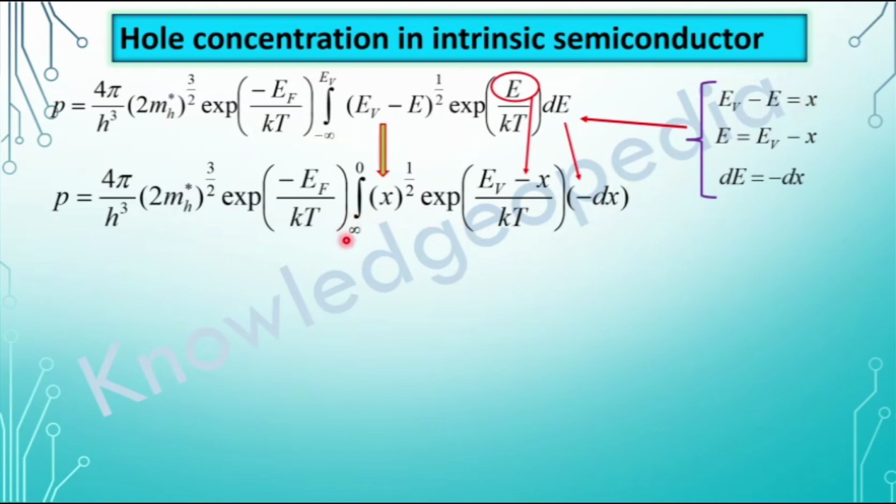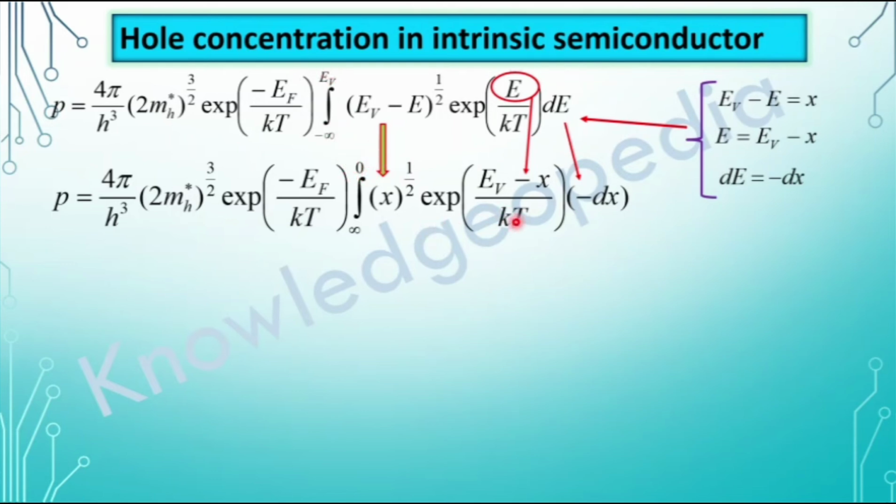That's how the lower limit changed from minus infinity to plus infinity. Coming to the upper limit, it is EV. We'll see now what x is when E is equal to EV. When E is equal to EV, x will be equal to EV minus EV, that means x is equal to 0. So the upper limit changed from EV to 0.